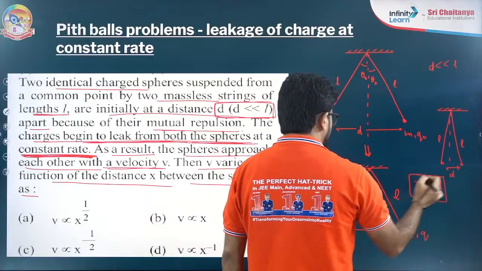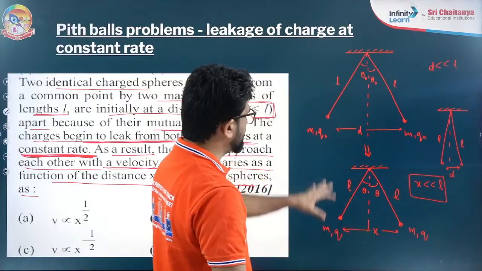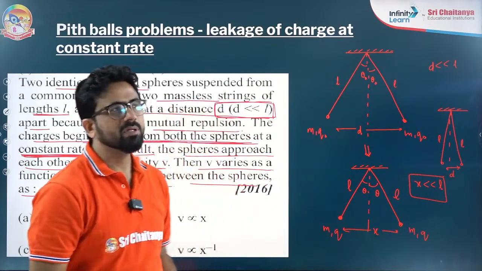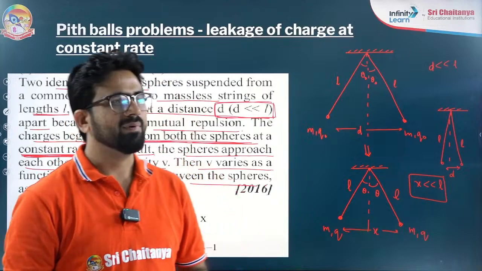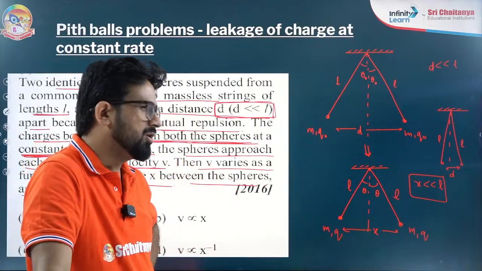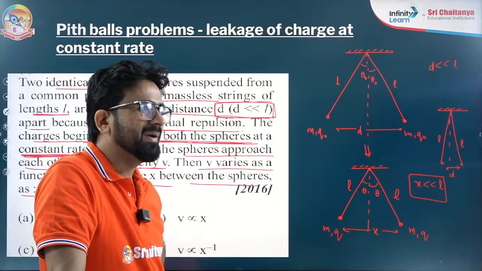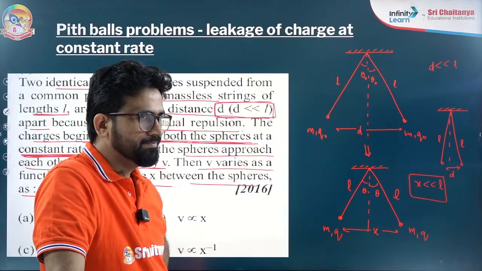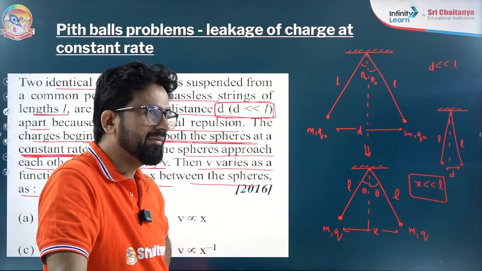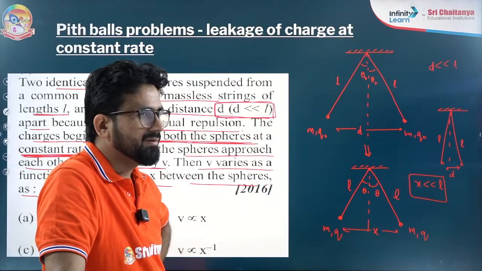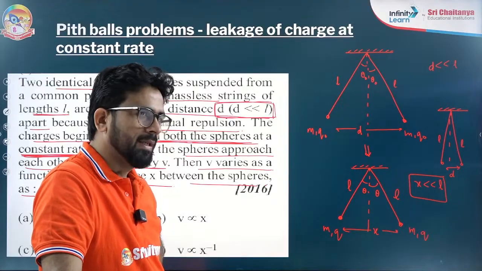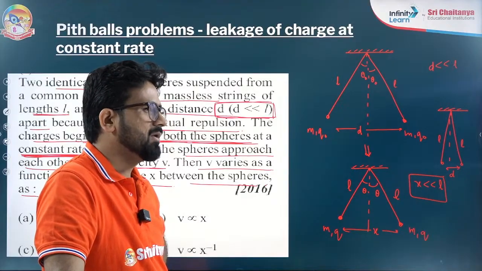Now everyone, please tell me whether what I have discussed and written is clear or not. If you understand this diagram, only then are you able to solve this question; otherwise it is not possible. Is this diagram clear? If it is clear, then we can solve this question very easily.